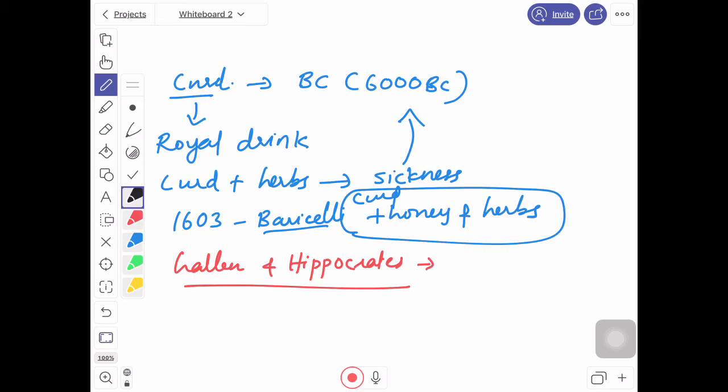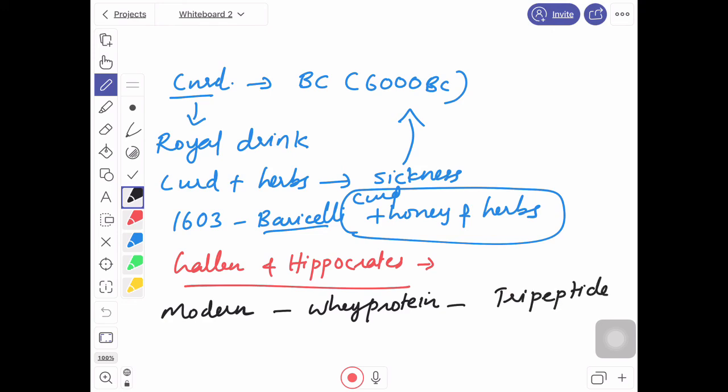Now we'll come to some modern research. Modern research also says that curd, not curd actually, whey proteins have good medicinal effects. One of such observations is if we consume whey proteins, that elevates a tripeptide in our body. That tripeptide is glutathione.